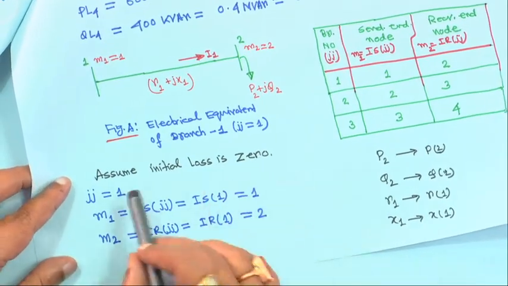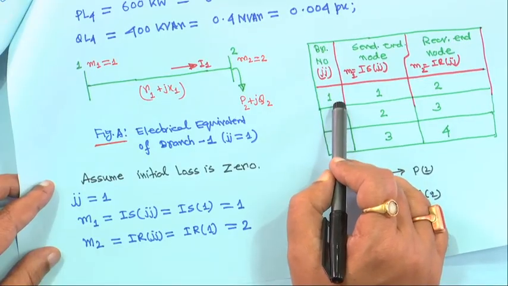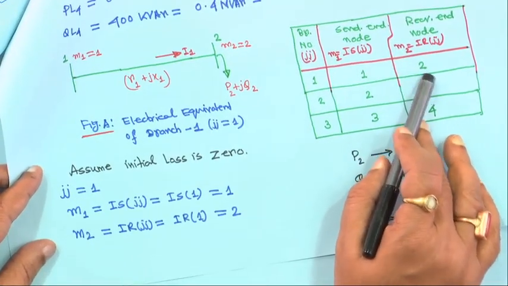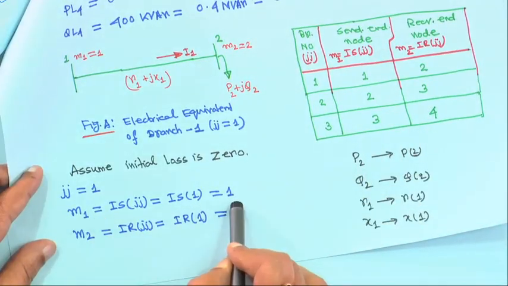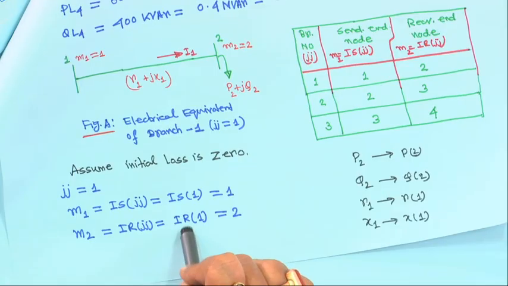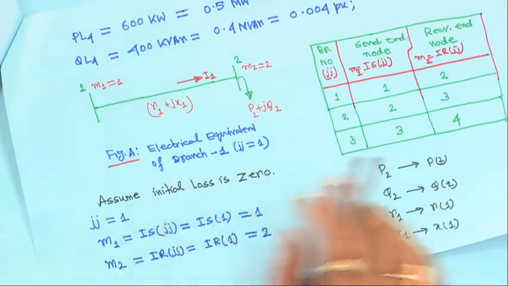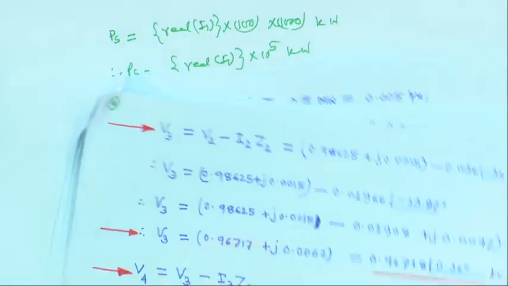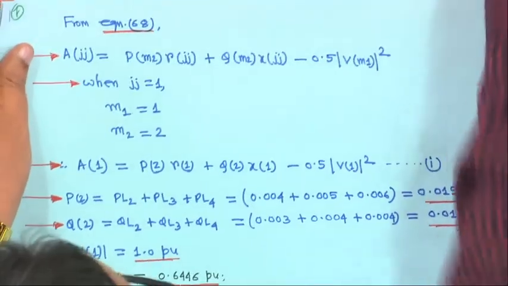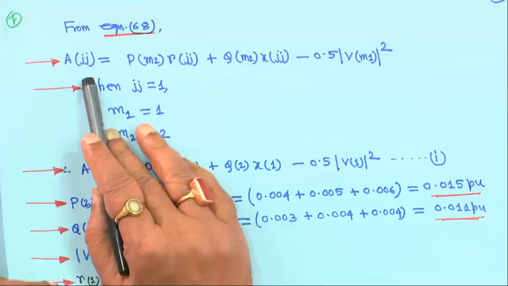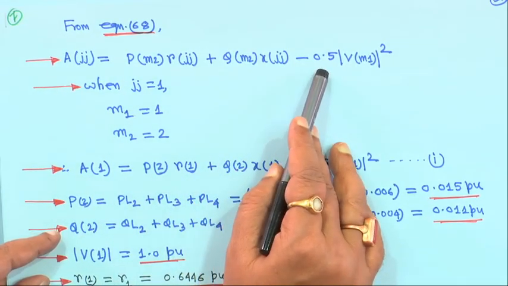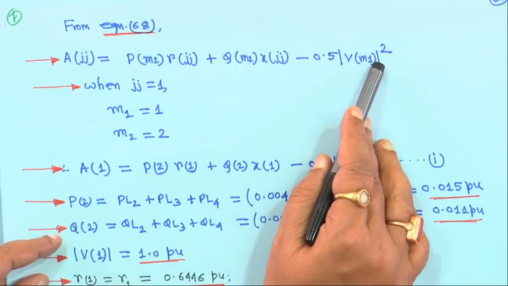Therefore, when j is equal to 1, the sending end node is M1 equal to 1, and M2 is equal to 2. Then from equation 68, we wrote A(jj) is equal to P(M2) R(jj) plus Q(M2) X(jj) minus 0.5 into magnitude V(M1) square.